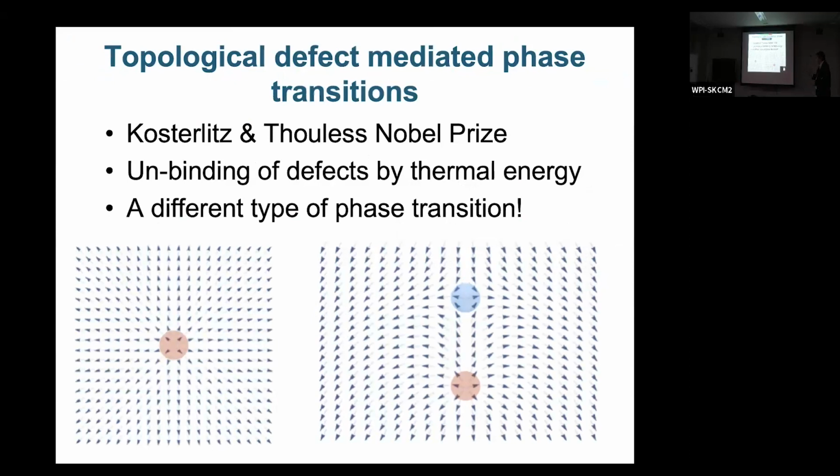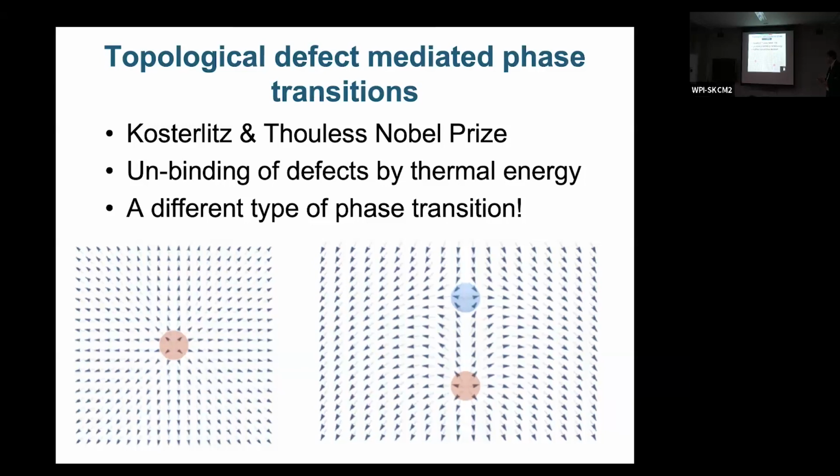So we know that several years ago, Kosterlitz, Thouless, and Haldane got the Nobel Prize, right, for their contribution to understanding the role of topology in physics.